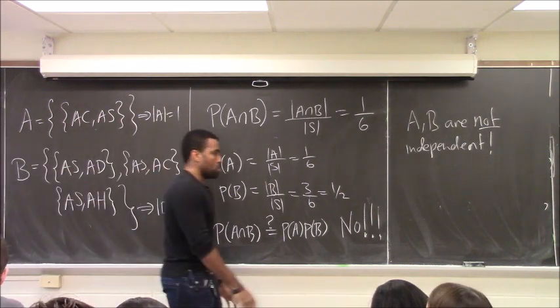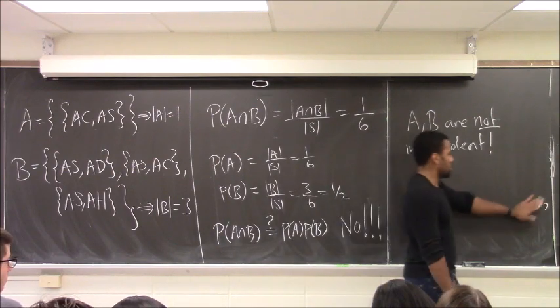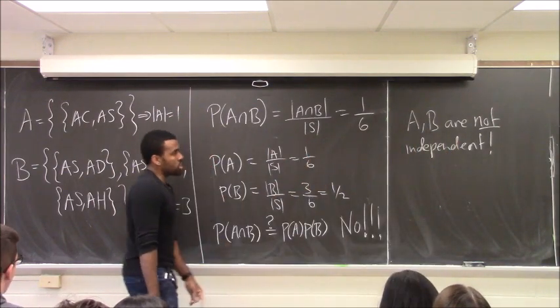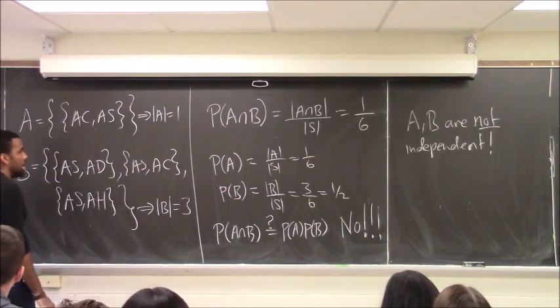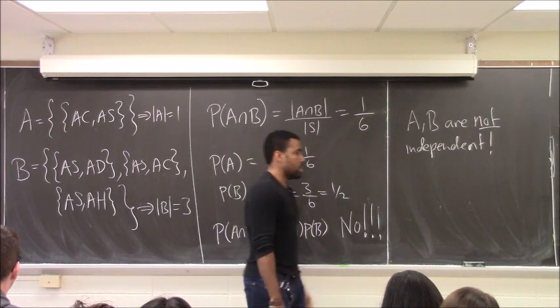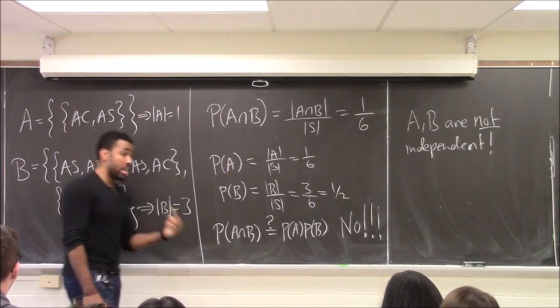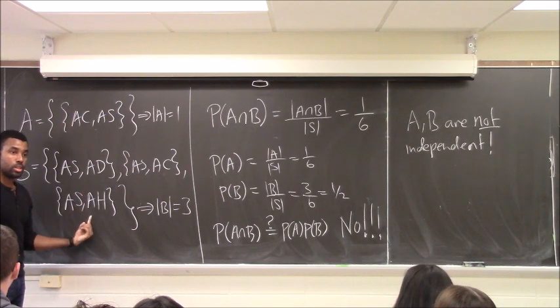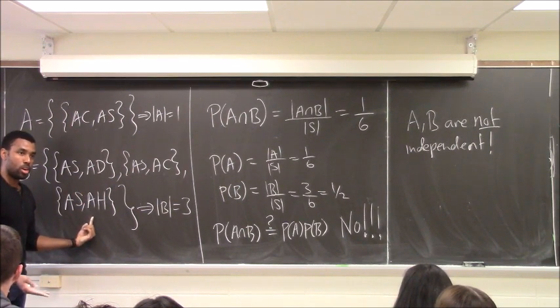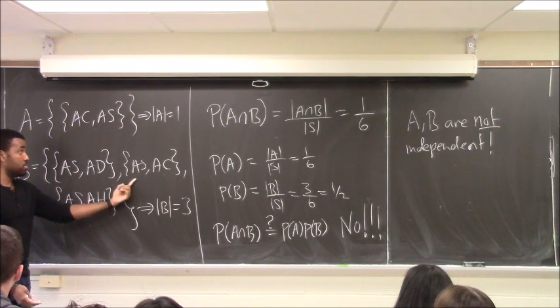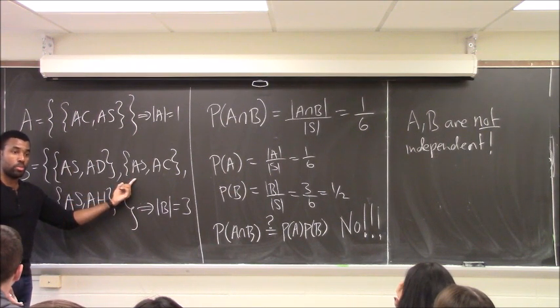One does actually affect the other. And how do I know? Well, a couple ways we can see that. We can see here, there were 6 total possibilities. For A to just happen by itself, that's 1 out of the 6 possibilities. If someone told me B already happened, now the total number of possibilities reduces to 3. The denominator of my probability automatically changes. Now getting the A to happen is going to actually be easier. I'm choosing from a smaller group of things.